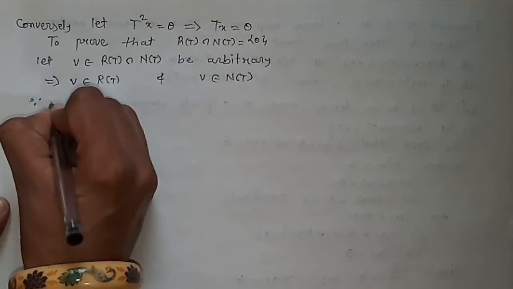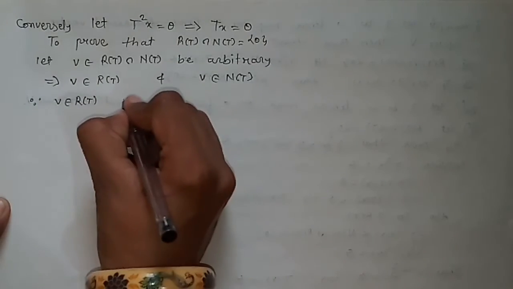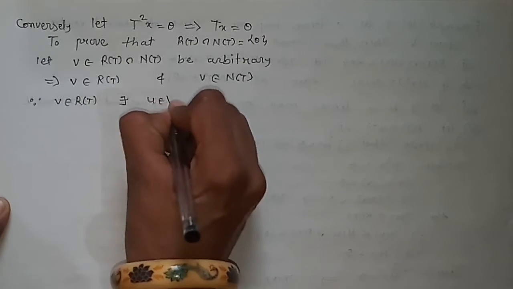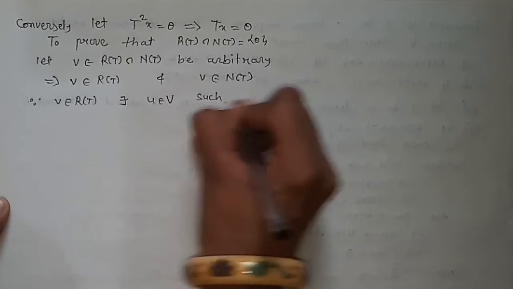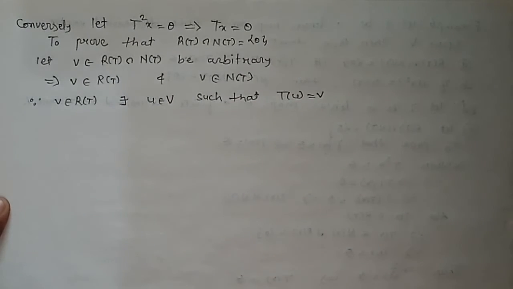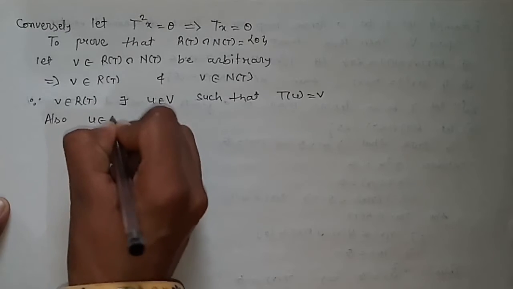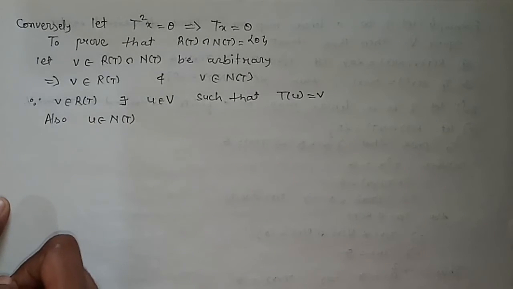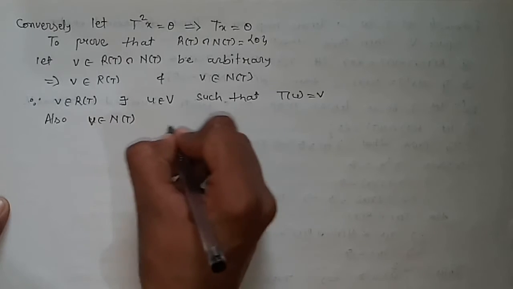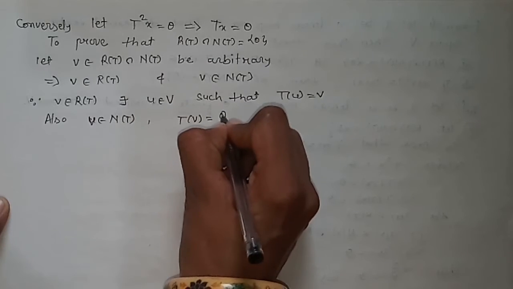Now, since V belongs to R of T, that is V belongs to range set, then there exists some U also belonging to V, such that T of U is nothing but V. If V belongs to R of T, then obviously there will exist some element U also belonging to V, such that T of U is equal to V. Now, V belongs to N of T. This implies that T of V is equal to theta element.